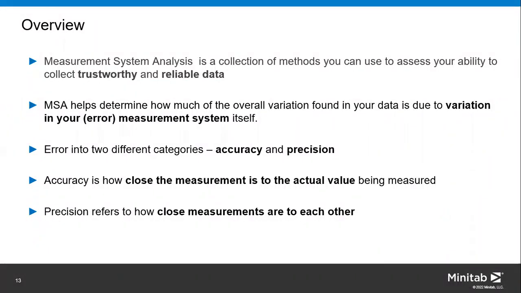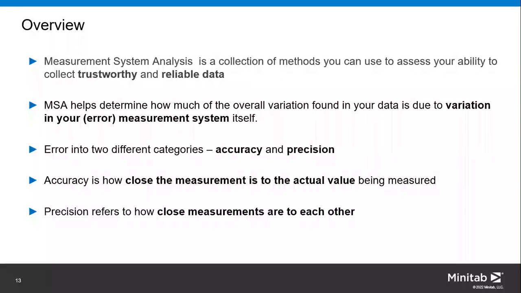So there is a difference from your target, so it is not accurate. And then the precision describes the variation you see when you measure the same part repeatedly with the same device.